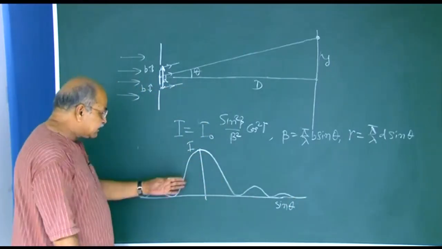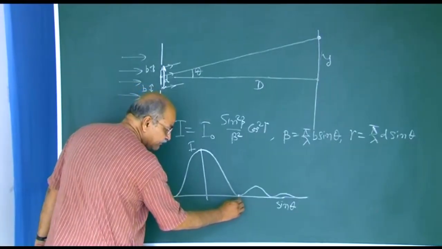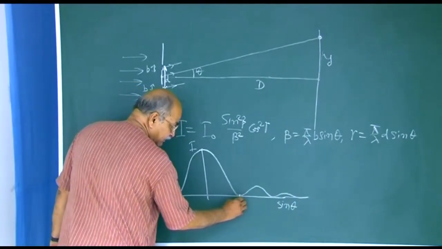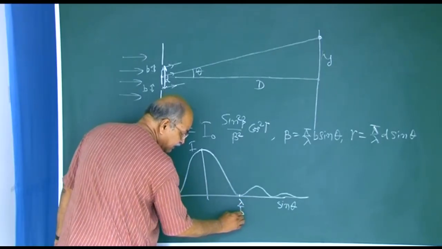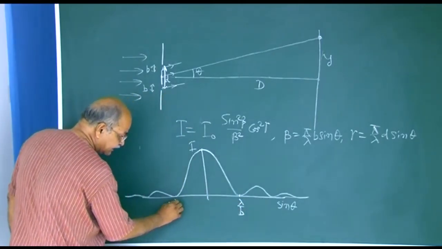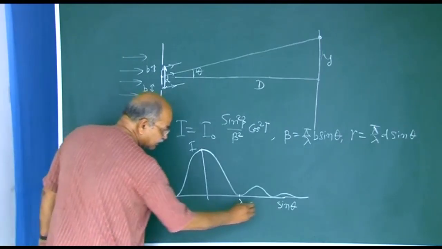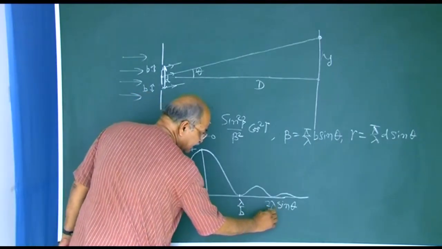And this is governed by, this is lambda by b, this is minus lambda by b, and so on. This is 2 lambda by b, and so on.